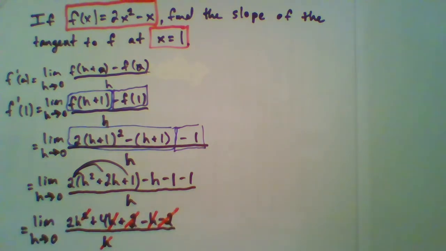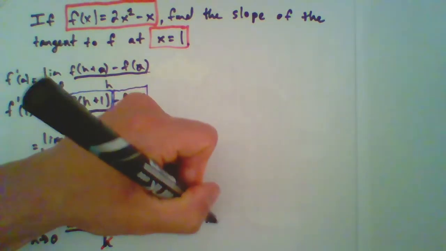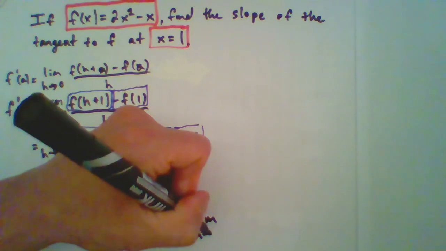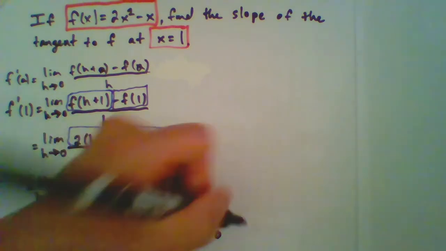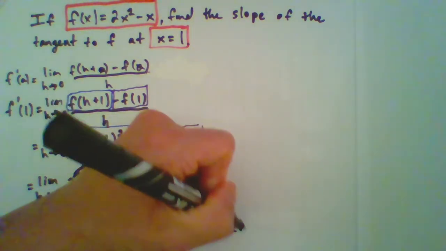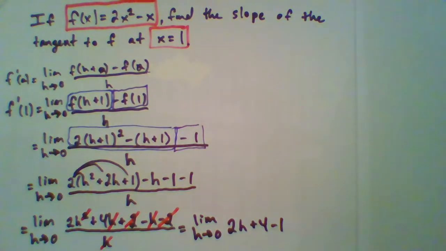So if I simplify all of this, I end up with 2h plus 4 minus 1. And again, we are thinking about the limit as h approaches 0.